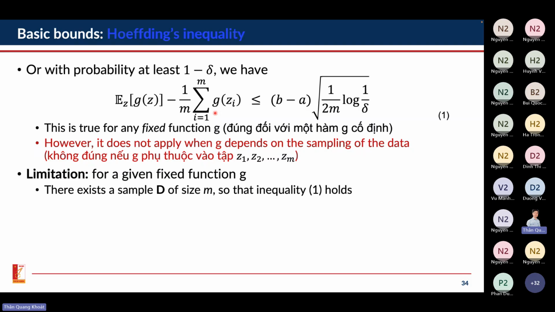Okay, but this inequality is very essential. Sometimes it can help us provide some idea to analyze some training model. When we have this, it means that there exists a data set D of size S so that this inequality is satisfied.